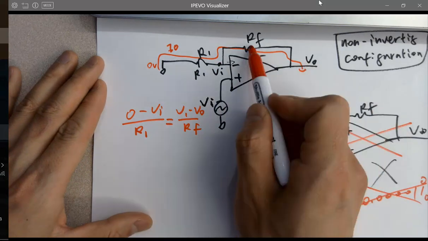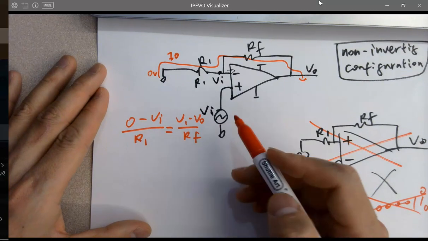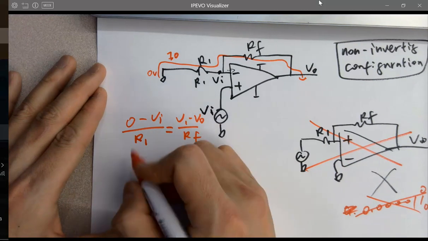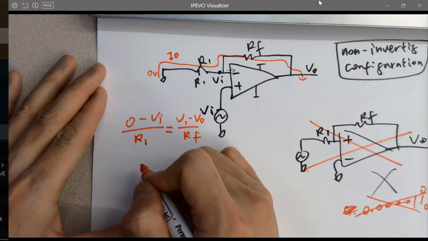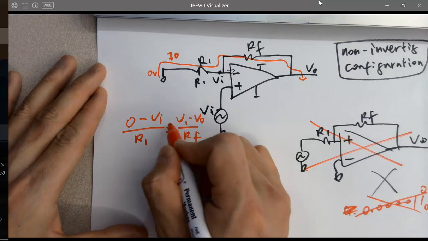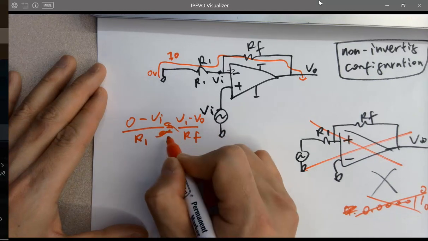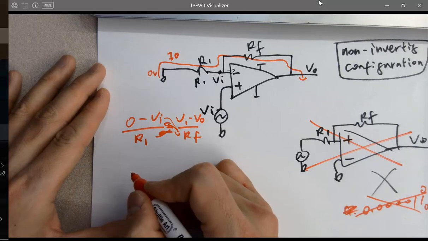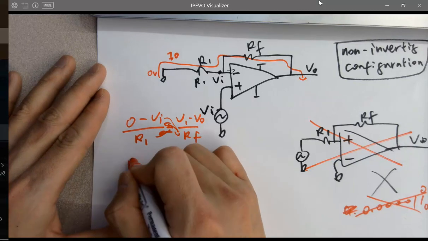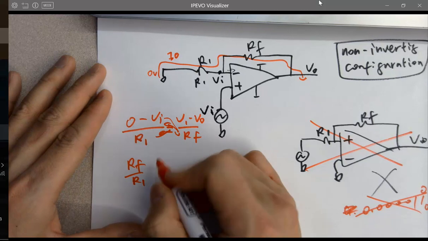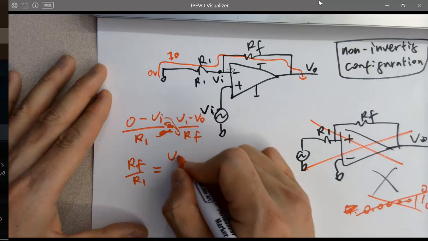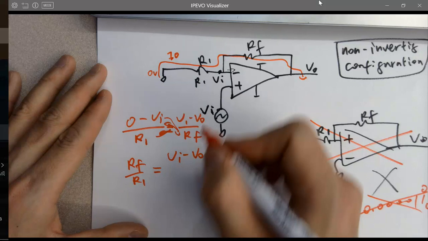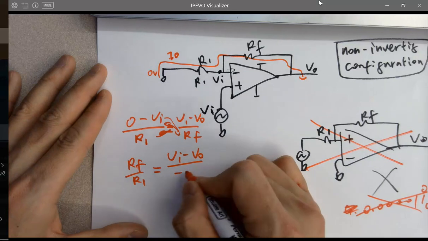VI minus VO over RF is the same current. Then move this to here, move this here, right? Can I do that? Yes, you can. So RF over R1 equals VI minus VO over minus VI.